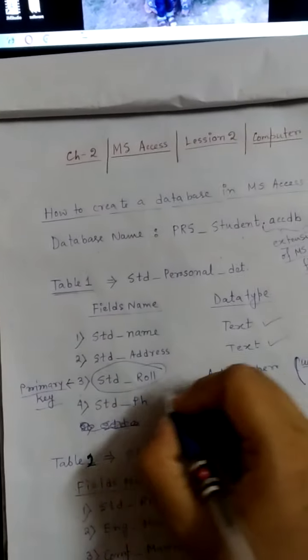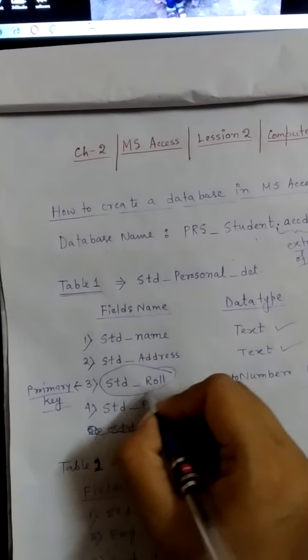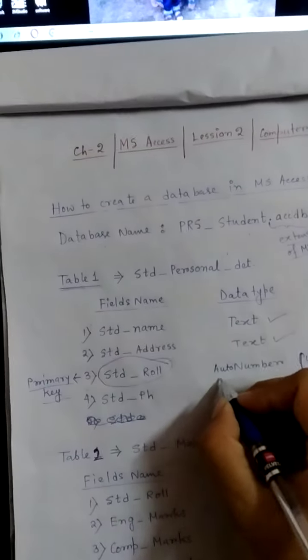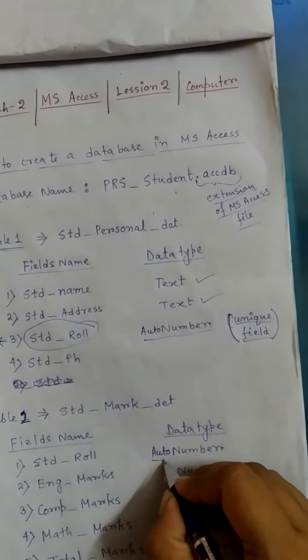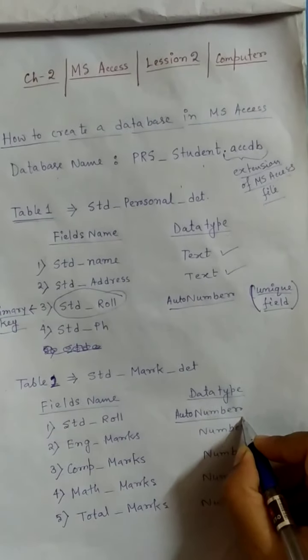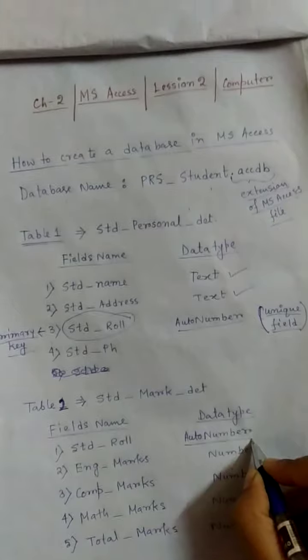Okay, and if in table 1 the std underscore roll number's data type is auto number, in table 2 its data type must be auto number. Okay, you can't give any other data type.